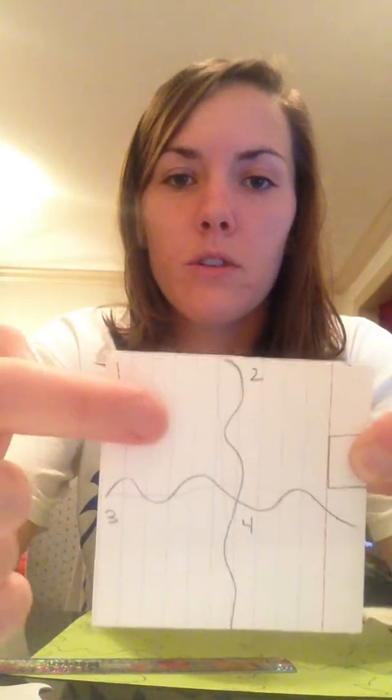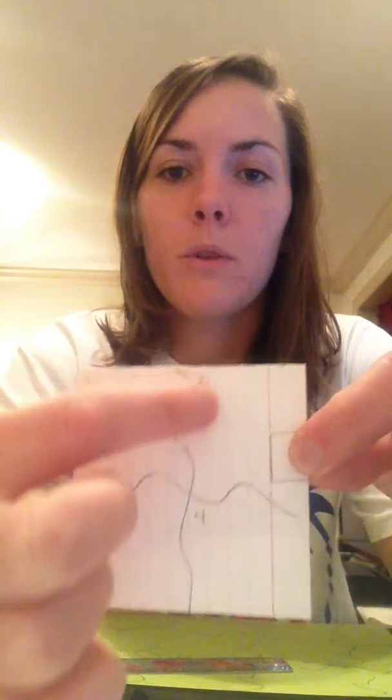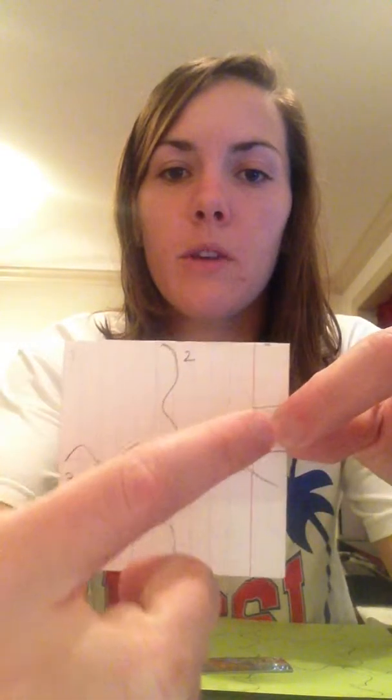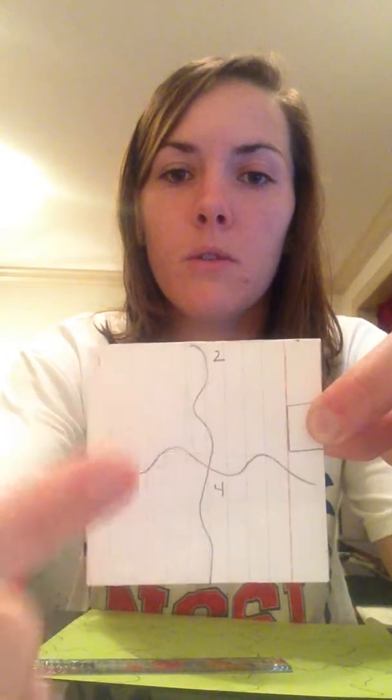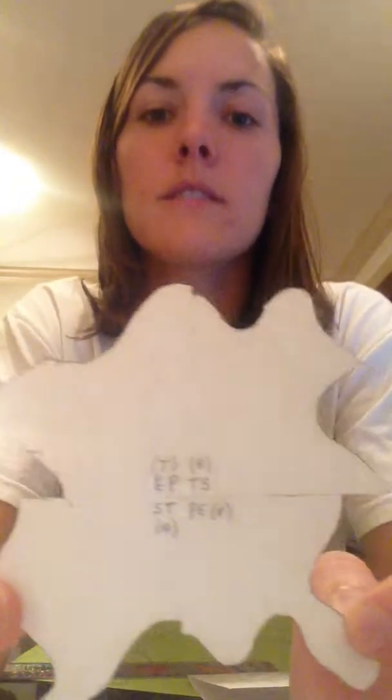Once you have your 4 corners, what you do when you cut them out, you'll have them laying in front of you, and you will swap the corners. This corner will go to this corner, and this corner will go to this corner. This corner to this corner, and this corner to this corner. And in the end, I came up with this. Trap, T-R-A-P. I was trying to do step, but that did not work out.